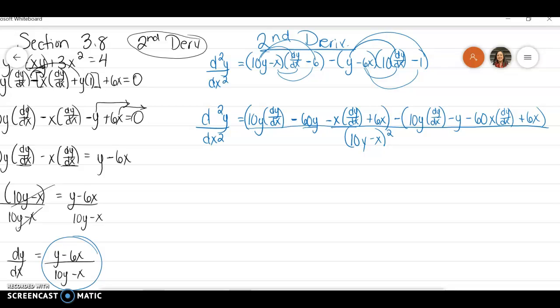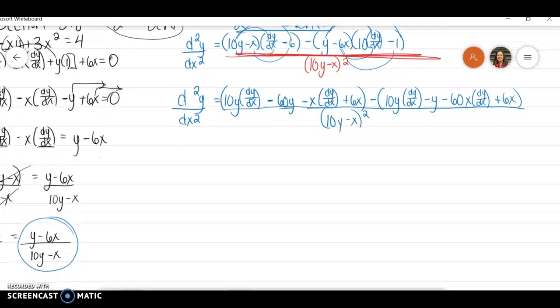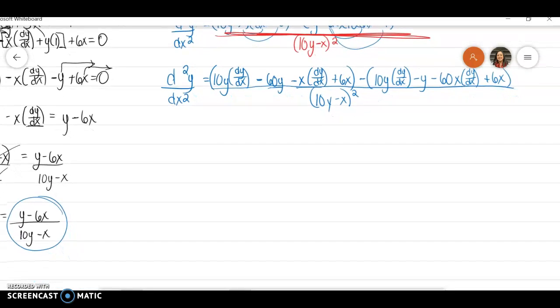I knew in my head that all of this is over 10y minus x squared, but I didn't write it down. So please go back up here and put all of that over my denominator squared. We cannot leave that off. Even though I want to save myself from writing so much, I need to write it down, and you guys need to do the same so that we don't forget it.